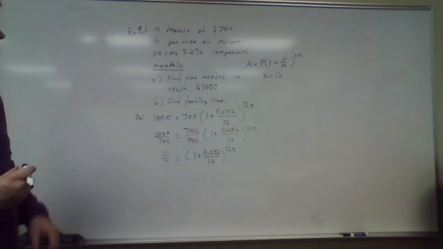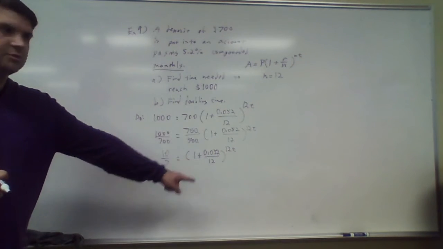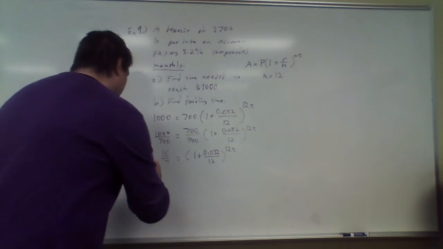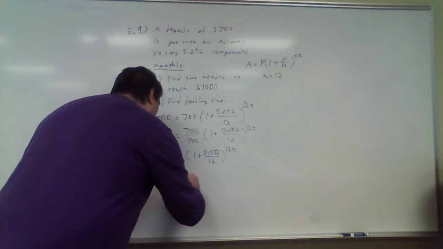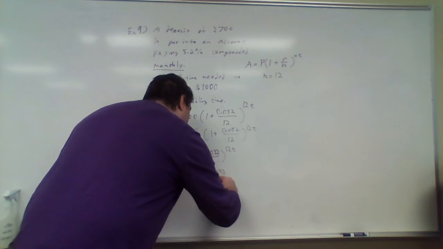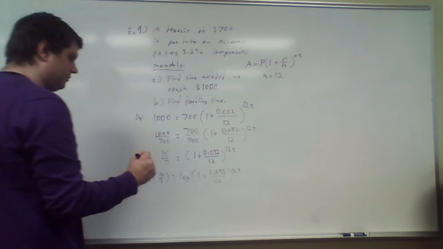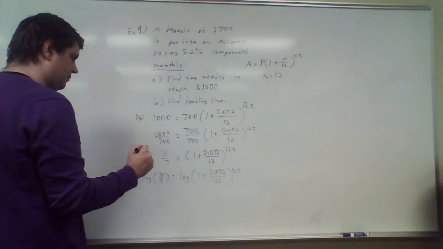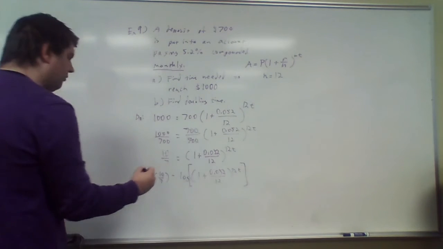Now, because this is not e, we're going to use common logarithms. So, log of 10 sevenths equals log of (1 plus 0.052 over 12) to the 12t power. I guess I should put this in brackets to show that you're taking the log of all that.